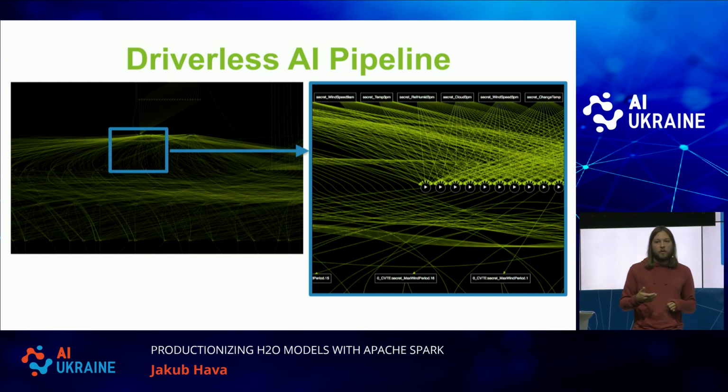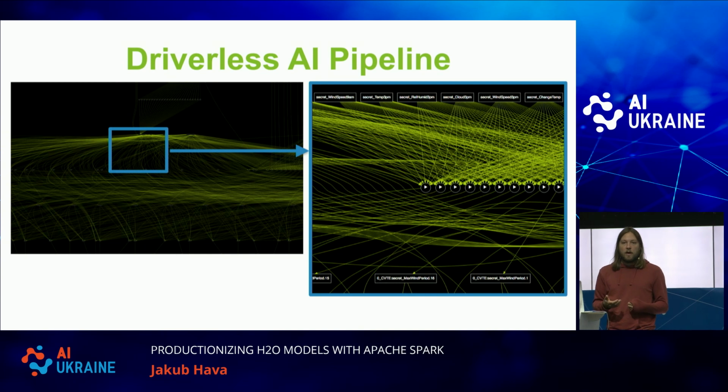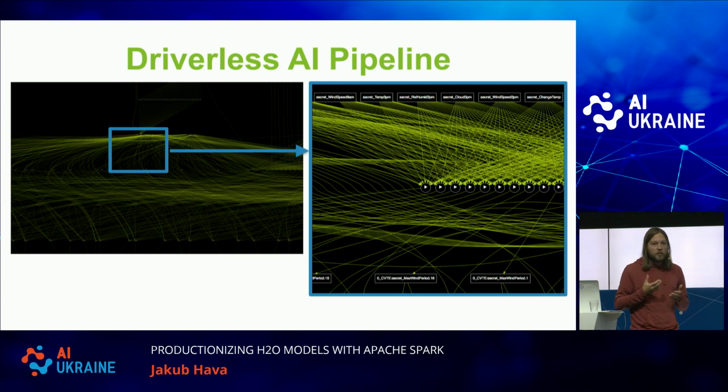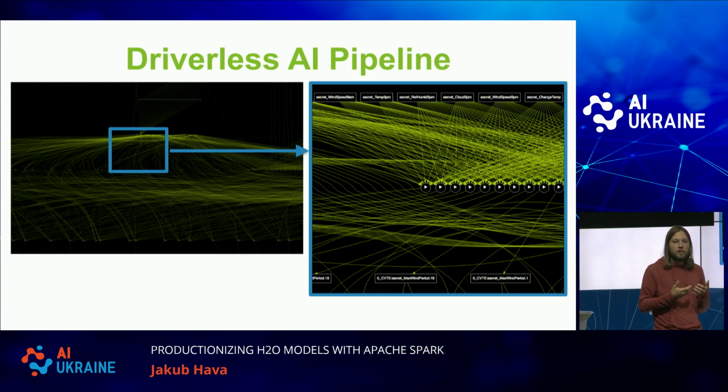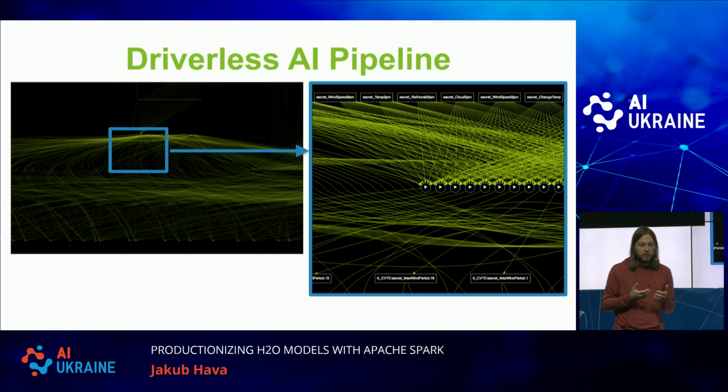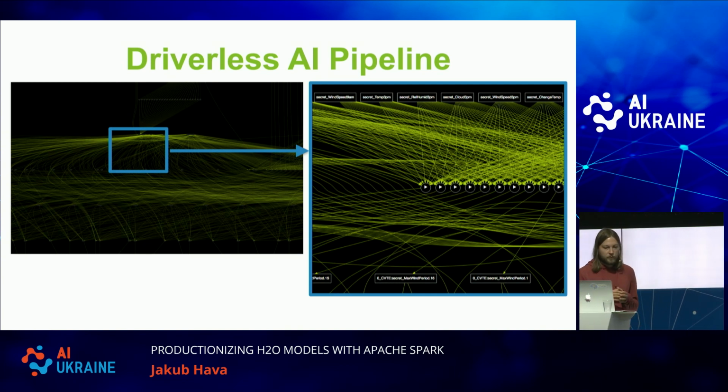And it does all that because we want to give you the best model. It's not possible for the human brain to keep all these connections in mind, so that's why we do that automation. On the right, we can see how it's zoomed up. So there are really lots of connections.